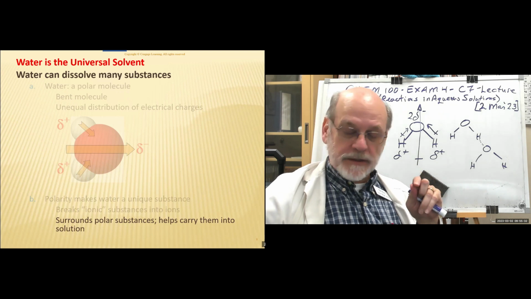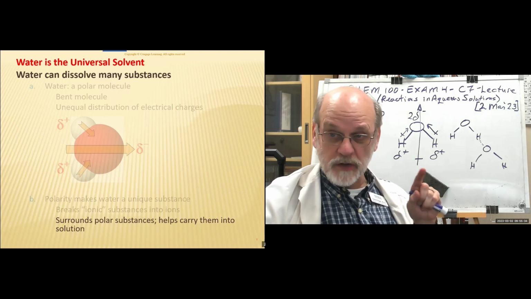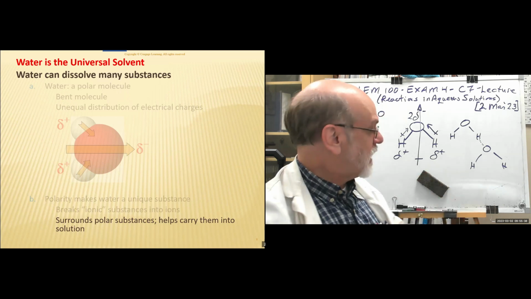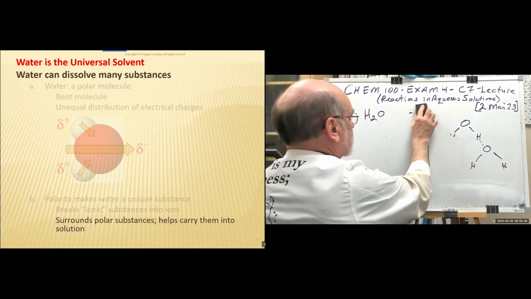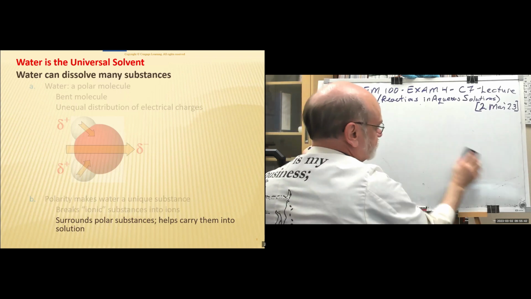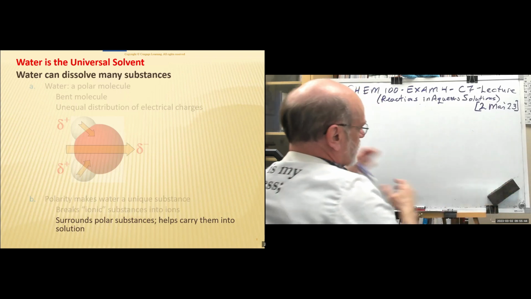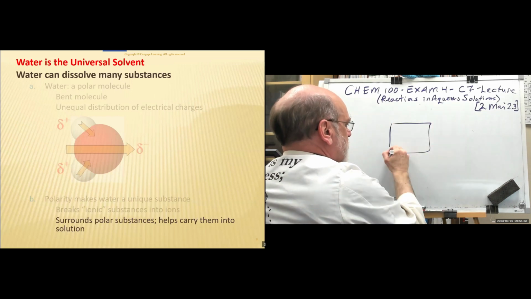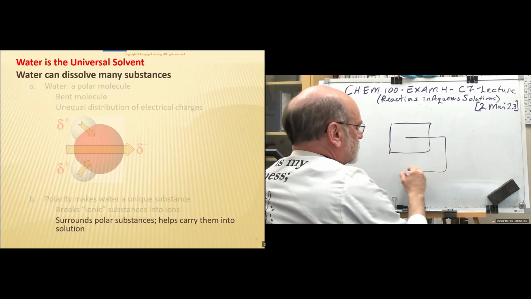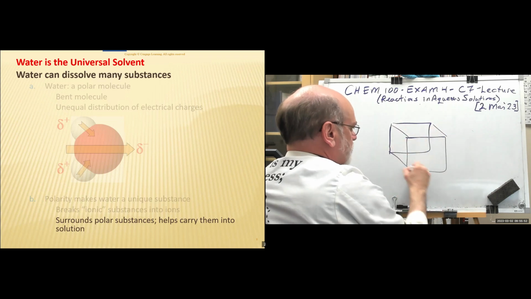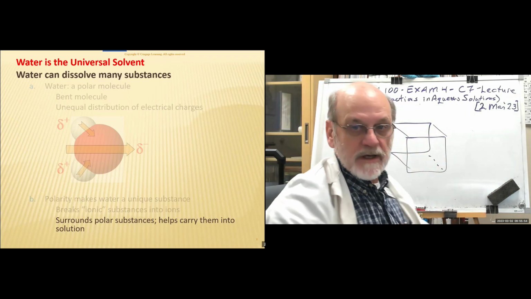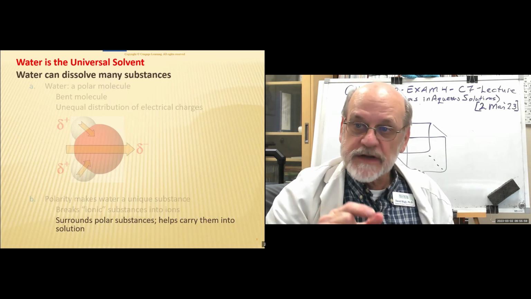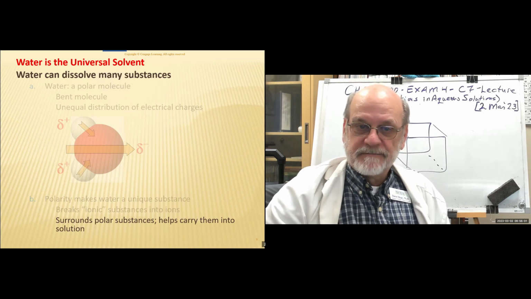So what happens when water attacks a crystal of, say, sodium chloride? So you have a crystal of sodium chloride here. And if any of you have ever looked at a crystal of sodium chloride with a magnifying glass, you'll see that it's shaped like a cube.